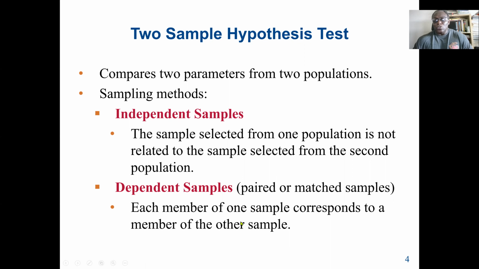That's the difference between independent and dependent samples. Independent samples means the members of the samples are not related. They don't depend on each other. Dependent samples mean the members of the samples are related.